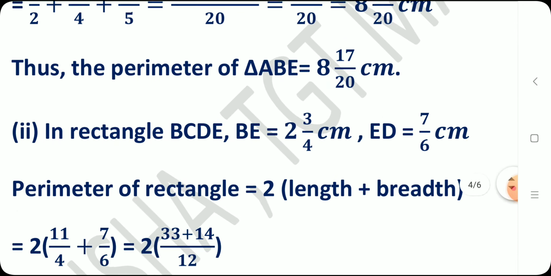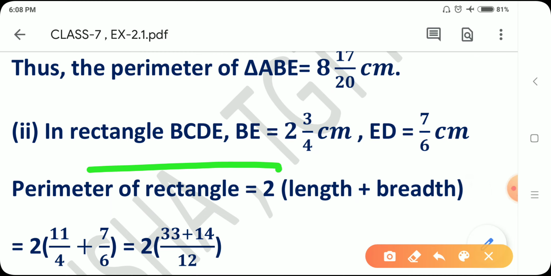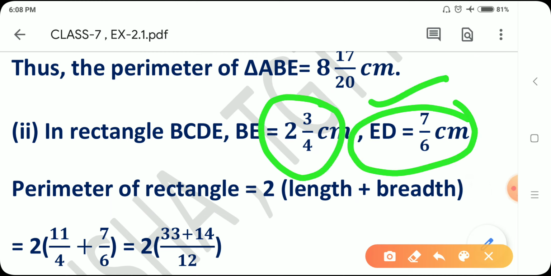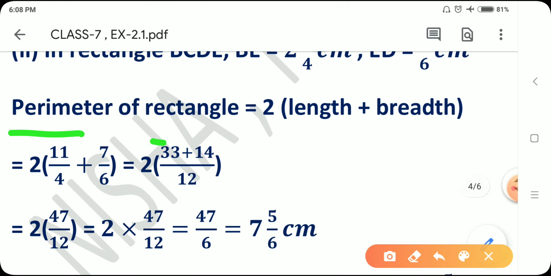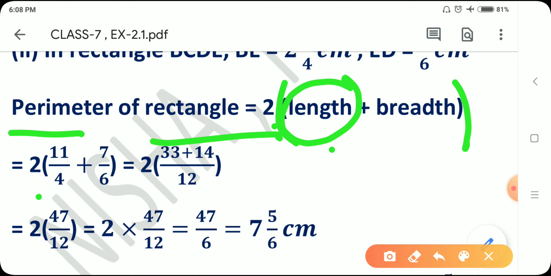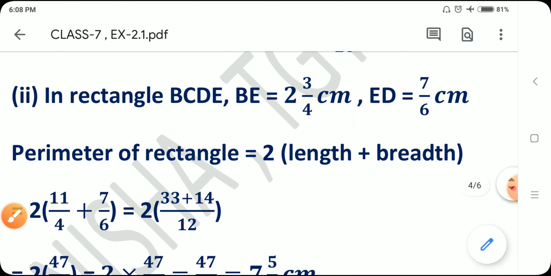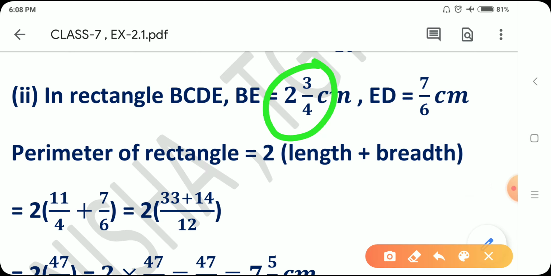In the same way you will have to find the perimeter of the rectangle. You know that length of BE is given, ED is given, length and breadth is given. Putting the value in the formula of perimeter of rectangle. Formula for the perimeter of rectangle is twice of length plus breadth. So putting value, twice of, length is 2 3 by 4.